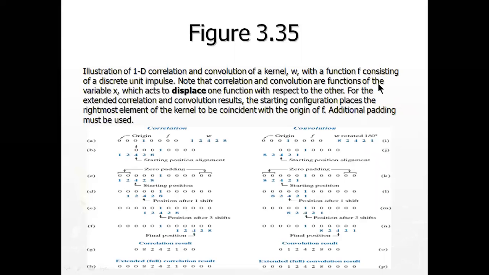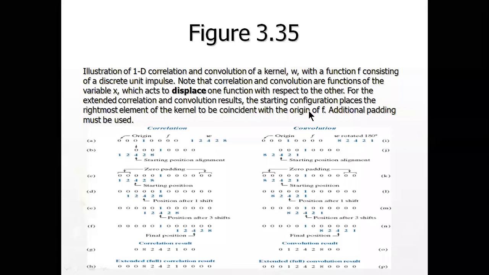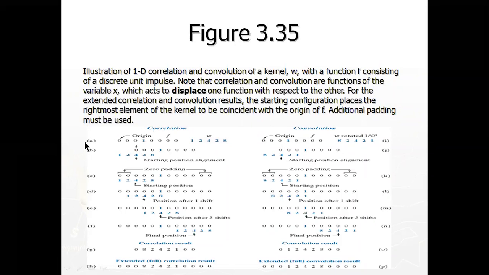Note that the correlation and convolution are functions of variable x, which acts to displace one function with another. For the extended correlation and convolution results, the starting configuration places the rightmost element of the kernel to be coincident with the first element of f. Additional padding must be used for the same.